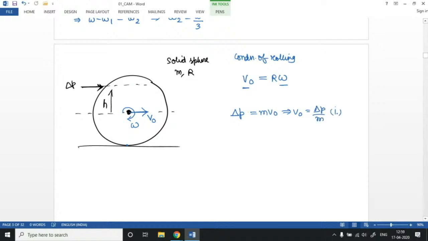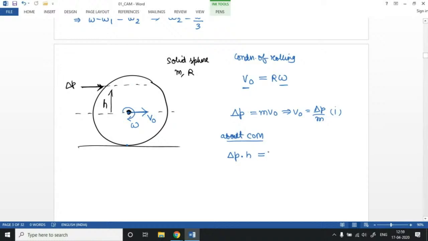And the next equation would be the angular impulse momentum theorem. Here we write it about the center of mass. The angular impulse is delta p, the linear impulse, into the arm h, and that must be equal to I omega.